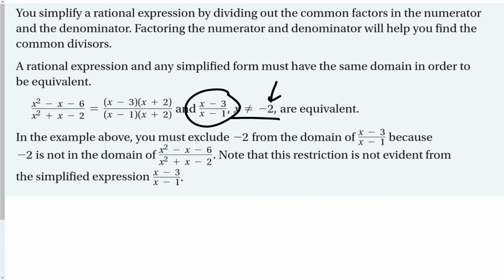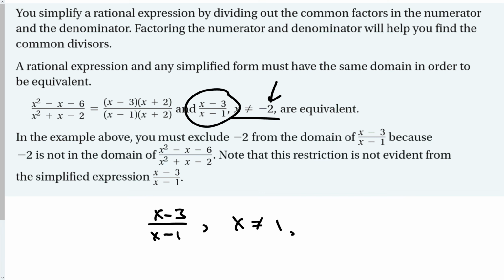When we are writing these expressions, it is typical to list all of the x values that are excluded from the domain. So the simplified answer would be x minus 3 over x minus 1, comma, x is not equal to anything that made the denominator equal to 0 at any point in this entire problem.